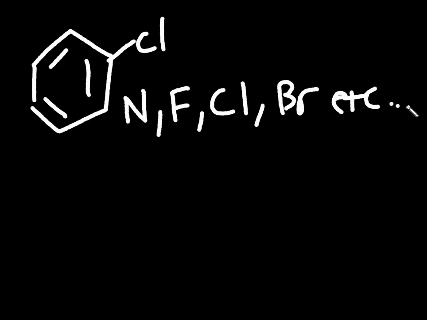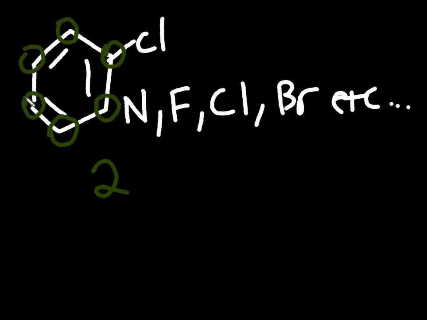So let's see how we go about this. So we have 2 times the number of carbons. How many carbons are there? 1, 2, 3, 4, 5, 6. So 6, plus 2, plus how many halides? There's 1.